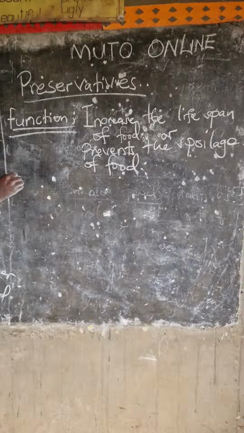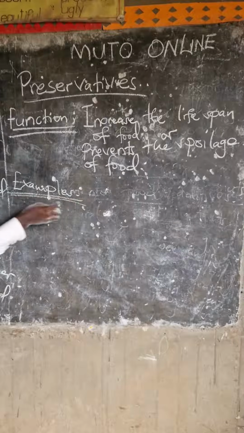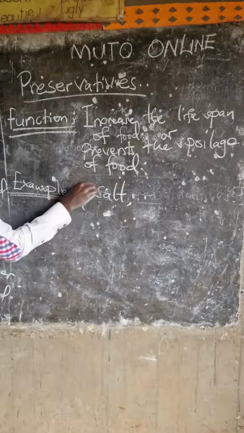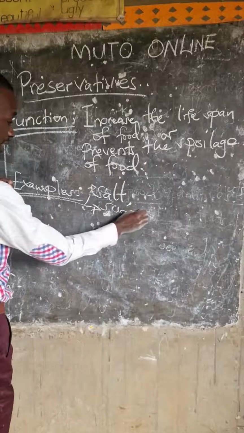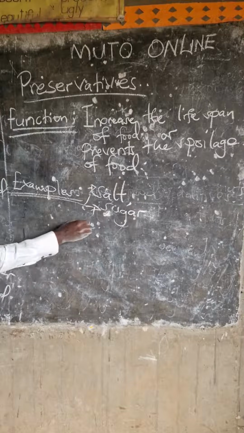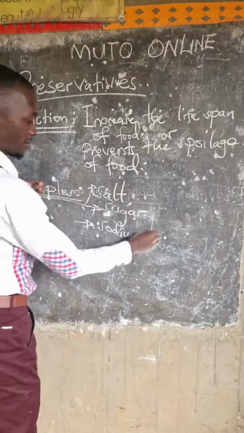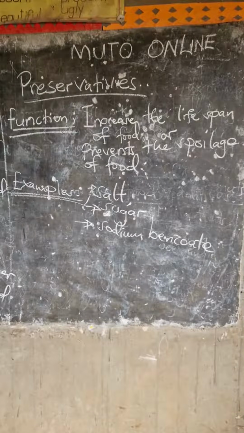These preservatives, we can give some examples. We have very many. We have the likes of salt. In fruits, they sometimes use sugar. We shall see how these work. But we also have sodium benzoate, which is a good preservative, and we have ascorbic acid.